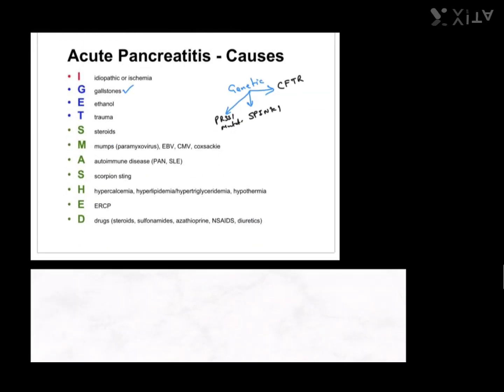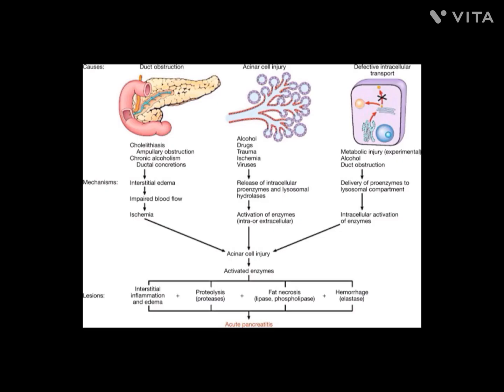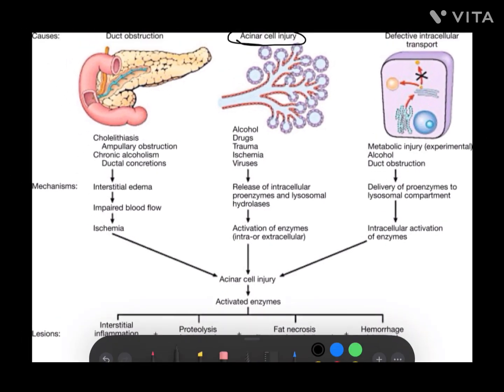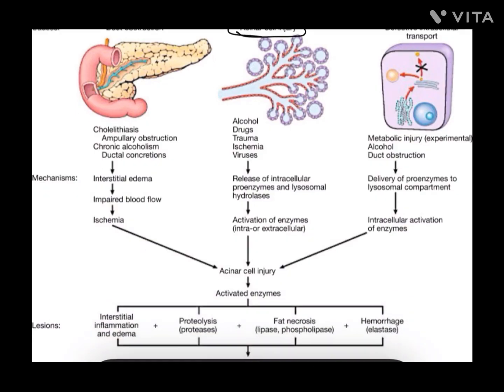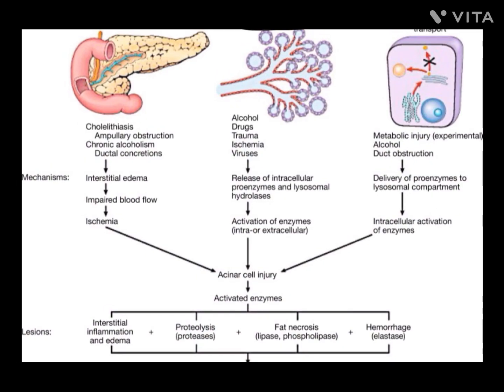Okay. Next one you can see here is pathophysiology. Normally in the pancreas we can see acinar cells. If any patient has triggers like alcohol, a large amount of drugs, trauma, ischemia or virus, it will affect the release of intracellular proenzymes and lysosomal hydrolase, meaning premature trypsin activation will happen.